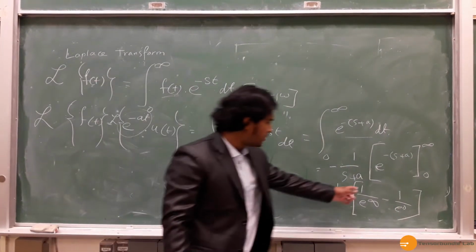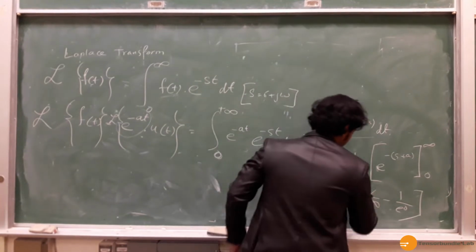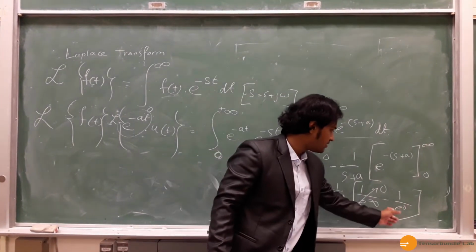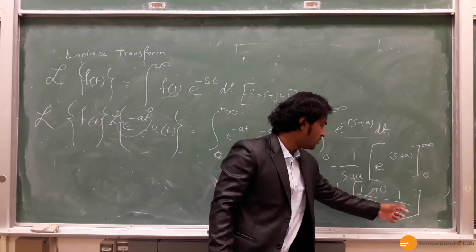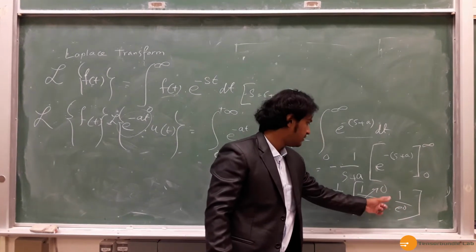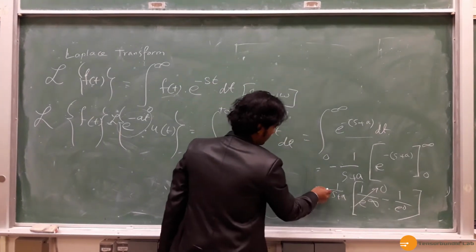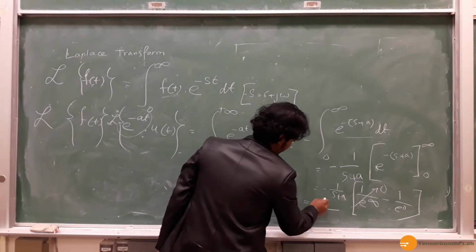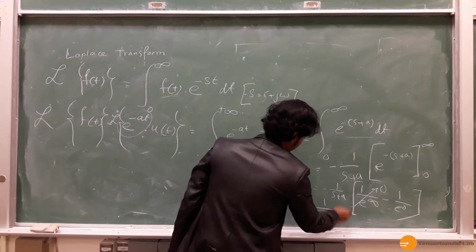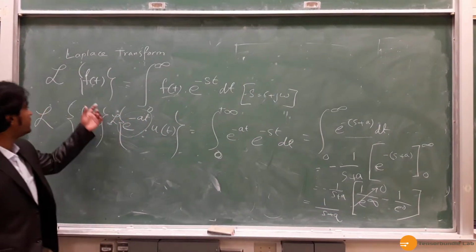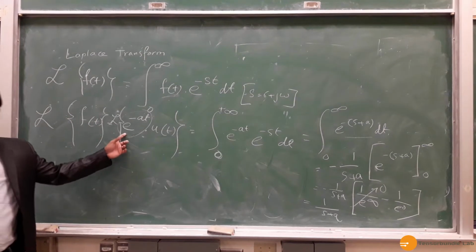Now, 1 over infinity is 0. What about this one? This is e to the power 0, which is 1. So 1 over 1, just 1. And here we have a minus sign. So this minus sign and this minus sign become positive. So we have only 1 over s plus a, which is the Laplace transform for this exponential function.